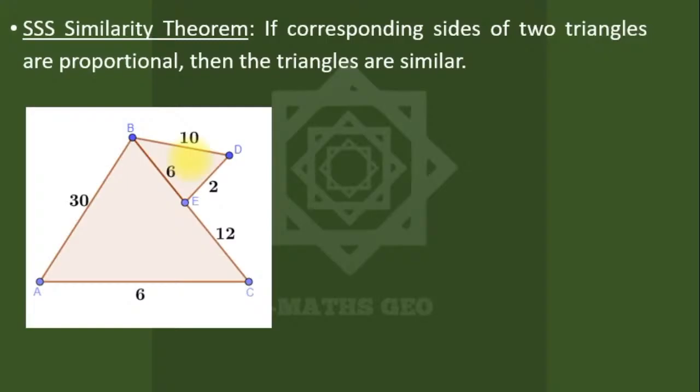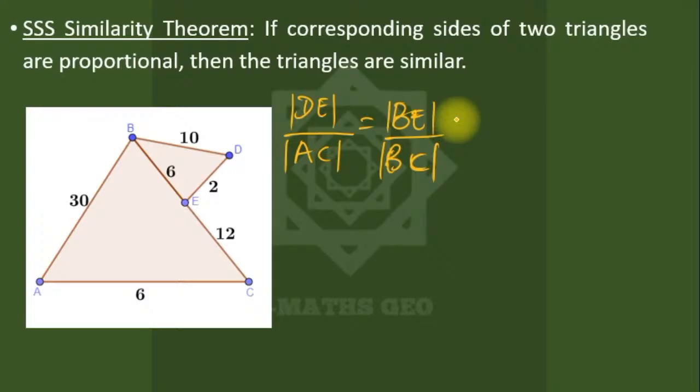Here, because we have two triangles, let's check the ratios. Let's check DE over AC, then BE over BC, and finally BD over BA, to see whether they are equal.